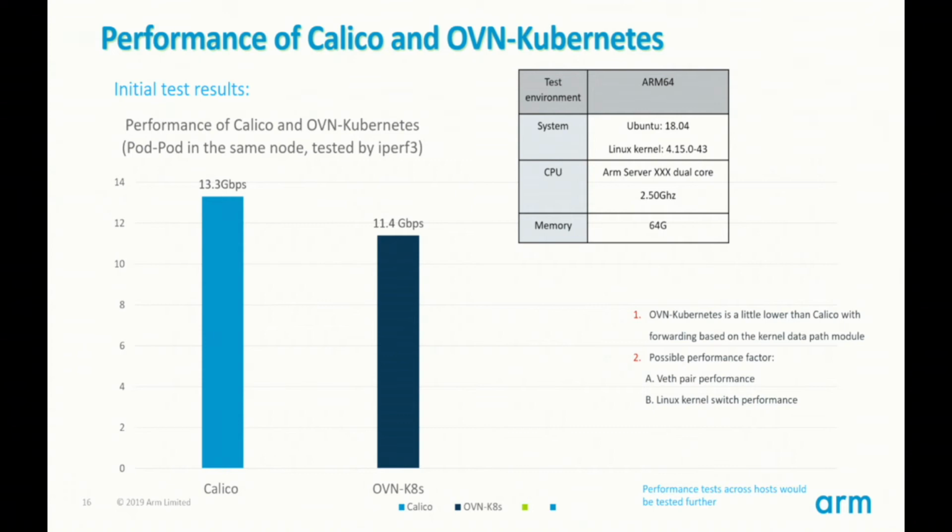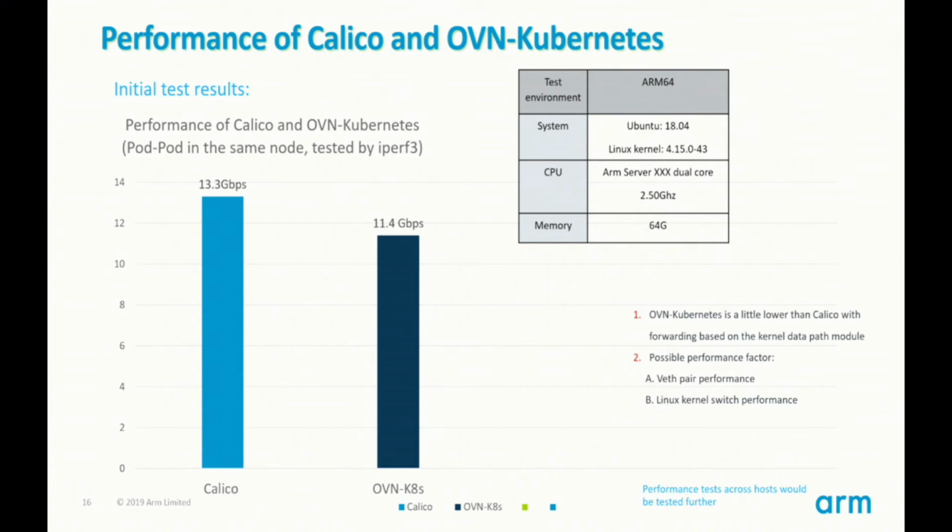We have done some initial performance tests between Calico and OVN Kubernetes. This graph shows pod-to-pod communication in the same node. It was tested with iperf3, and we see that Calico achieves a little bit higher performance than OVN Kubernetes, but the difference is very small.